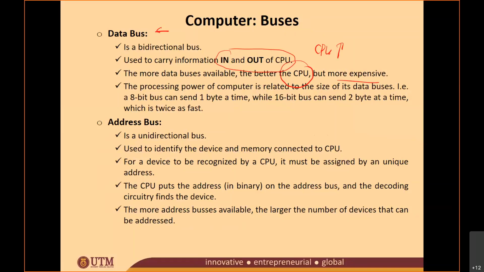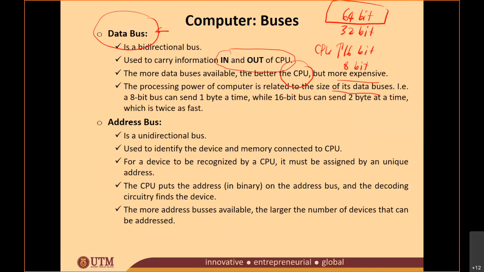Computer with 64-bit, 32-bit, 16-bit, and 8-bit. Sekarang kita punya komputer pada tahun 2021 ni adalah 64 bit. Maksudnya 64 bit ni is the size of the data bus. So the processing power of a computer is related to the size of its data bus.